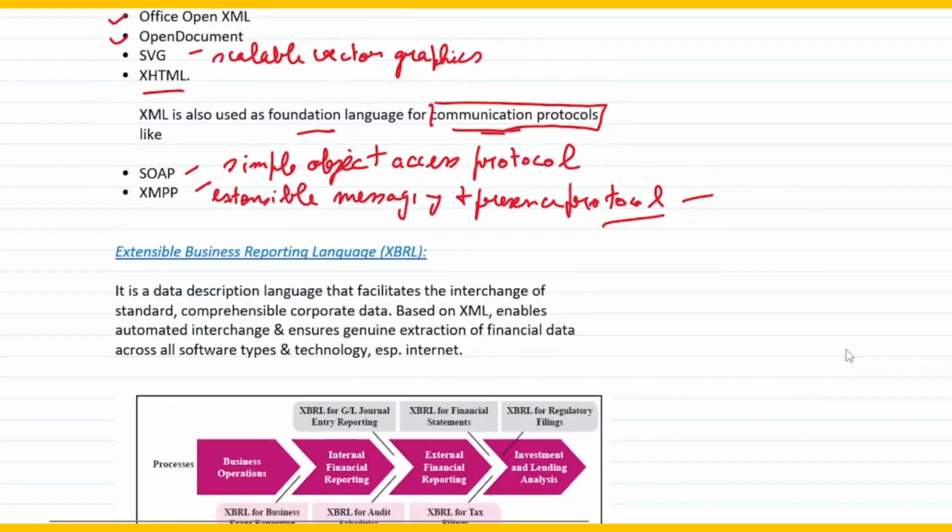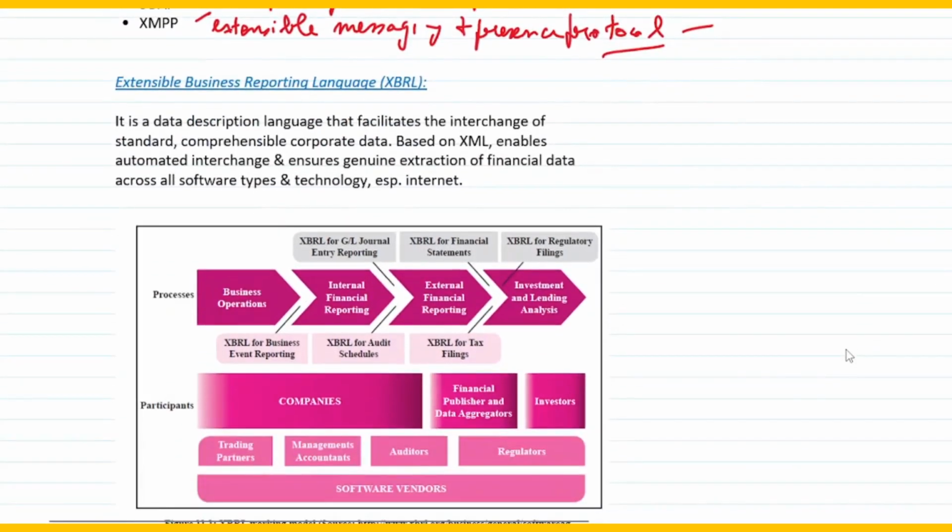Okay, let's move on. Let's see what exactly is XBRL. Before, we discussed XML, now we will be discussing XBRL. Now what exactly is XBRL? It is a data description language. So it's basically a language which describes the data that facilitates the interchange of standard comprehensible corporate data. So basically XBRL is a medium for exchanging corporate data, right?